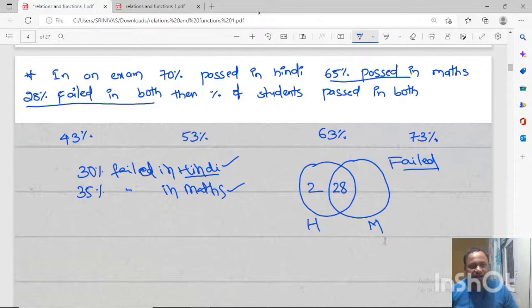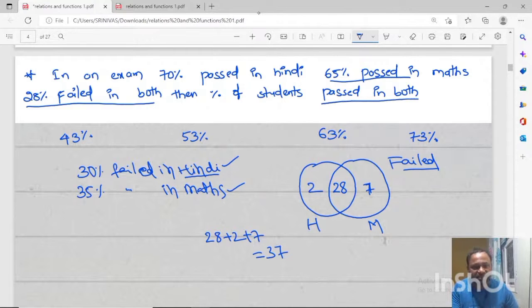Next 35. In this 35, already 28, so 7 will be there. So total how many will be? 28 plus 2 plus 7. How much? 37.